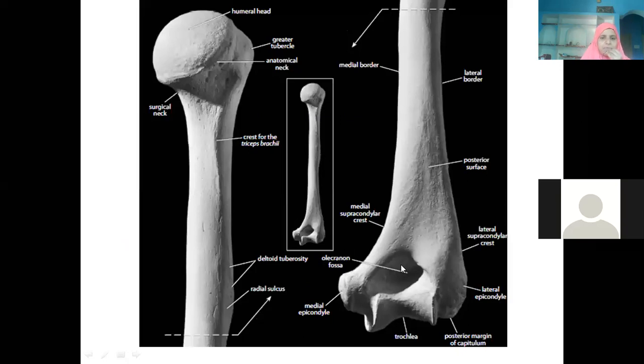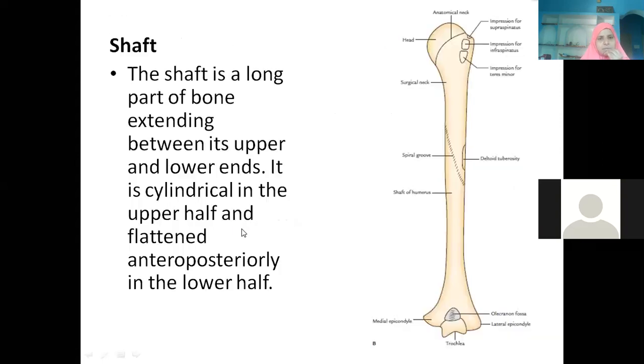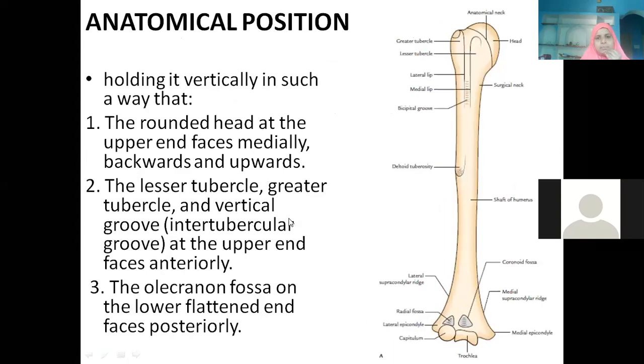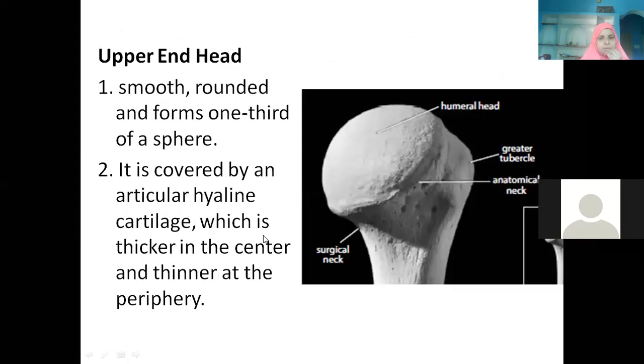Can you see this big fossa? What is this? Olecranon fossa. The olecranon process of the ulna will fix here when the elbow is extended. And this bony elevation on the lateral aspect is the deltoid tuberosity, where the deltoid muscle takes its insertion. This is the anatomical position, everything I told you.